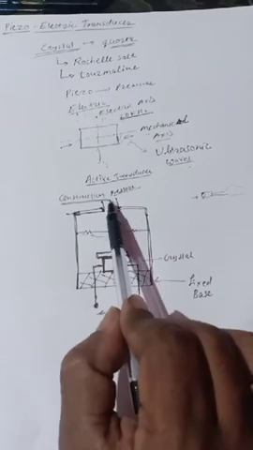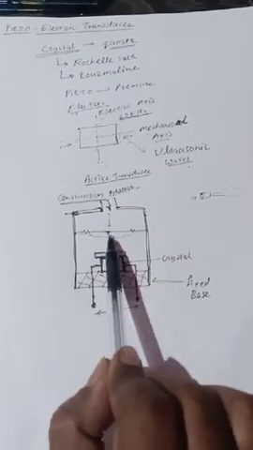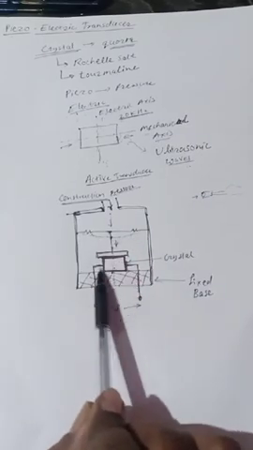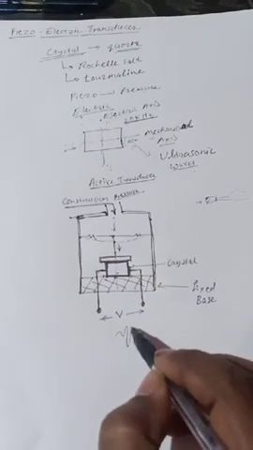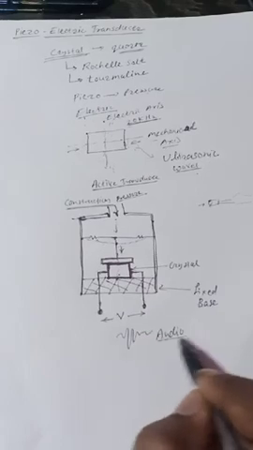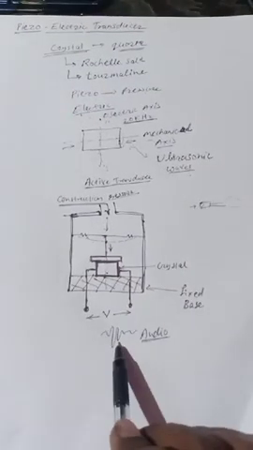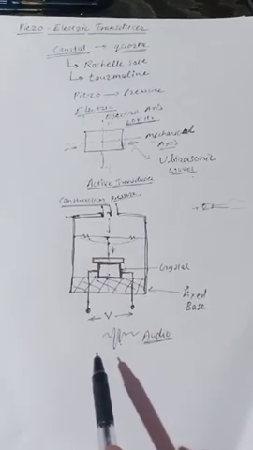If we create a pressure, that is nothing but sound pressure, and this pressure creates on a diaphragm which produces the pressure on this crystal, it generates this signal, and this signal is nothing but audio signal. Okay, so audio signal means if we amplify this and connect to the speaker, it generates a sound.